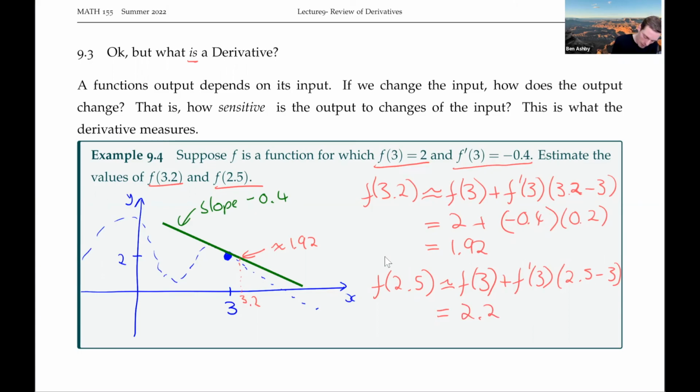So this value, 2.5 up here, is going to be approximately equal to 2.2. This is 2.5. So our derivative is telling us something about, if we're relatively close to a point that we know about, what our function is approximately near there.